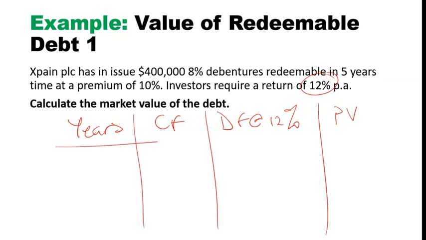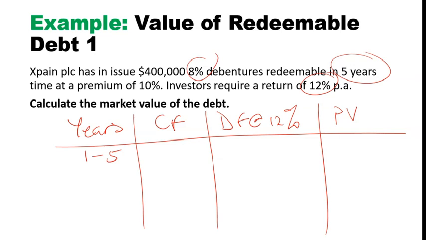All right. So this loan is going to be repaid in 5 years. So since we are calculating the market value, we do not know the market value. So the year zero amount is not there. So what we know is from year 1 to 5, we're going to pay interest, and the interest is 8% multiplied by 100.